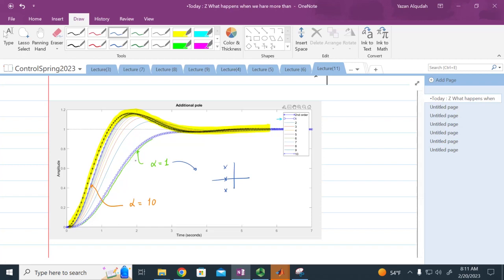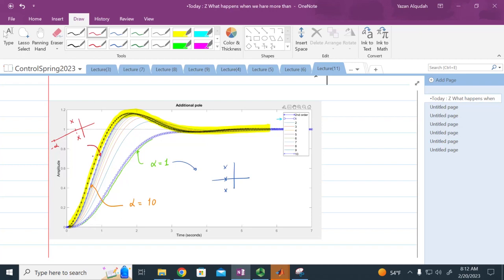So in that case, we see that the difference between the second order and the third order is substantial, that we cannot approximate the third order with a second order system. However, if I look at the response here, when alpha is 10, I have the second order system, which is at 1, and alpha is all the way here at 10. And in this case, I can approximate the third order system with that of a second order system. Everybody convinced? Make sense? Okay.